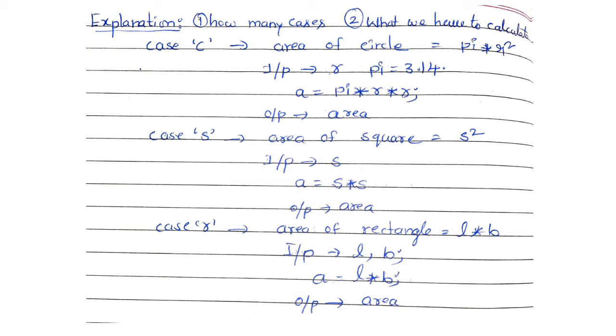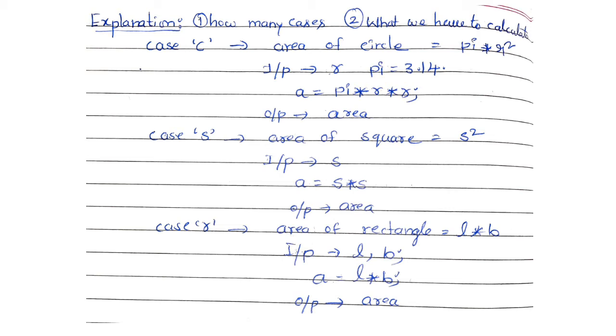In this formula, pi is a constant and r is a variable. That's why we have to take r as the input. And what we have to calculate in case C, area of circle, A is equal to pi into r square, and we have to display that result.